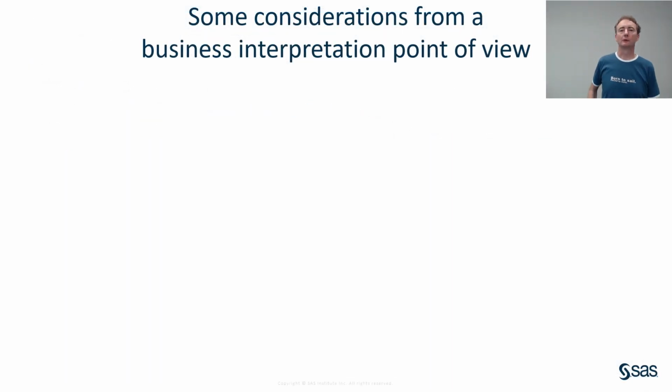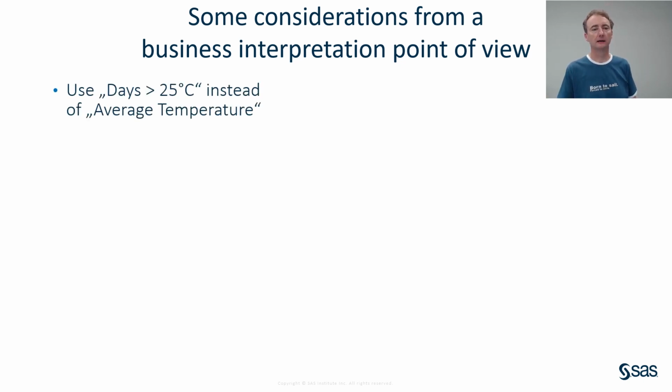Let's finally have a look at some considerations from a business point of view that I have applied in this analysis. As already mentioned, I have used on purpose the feature days larger than 25 degrees Celsius instead of average temperature, because this is easier to interpret and easier to specify in simulations.